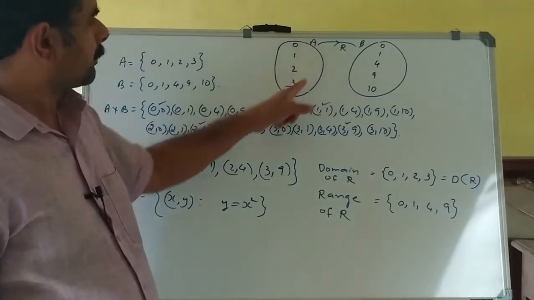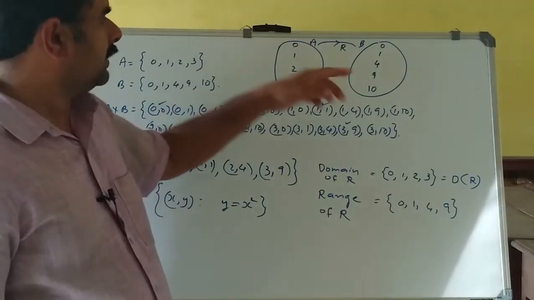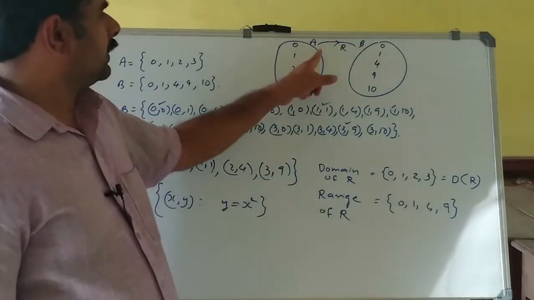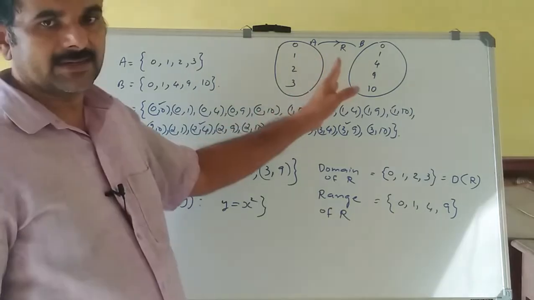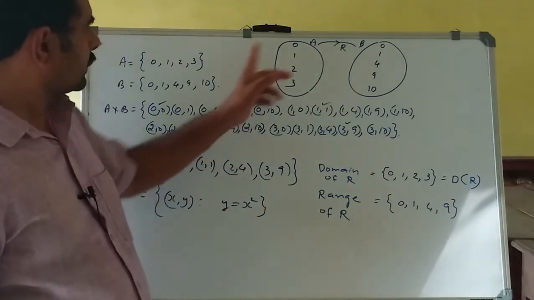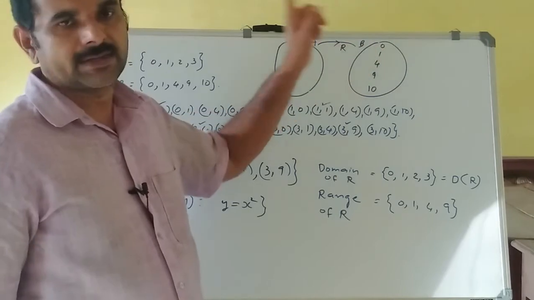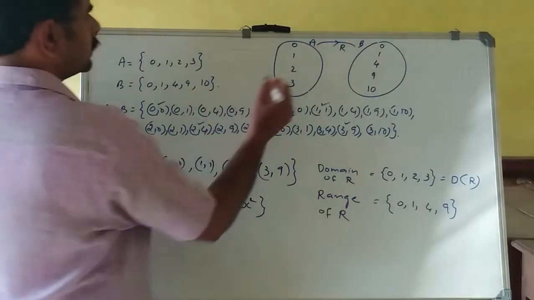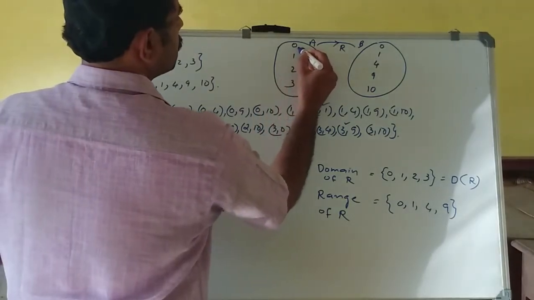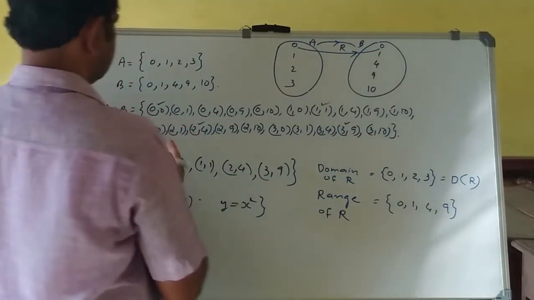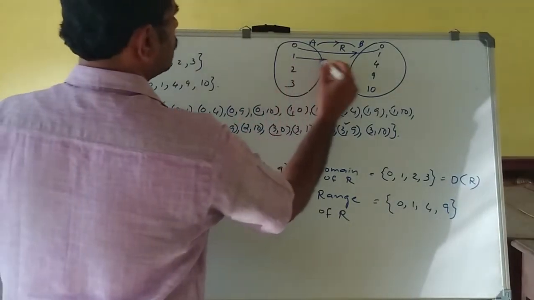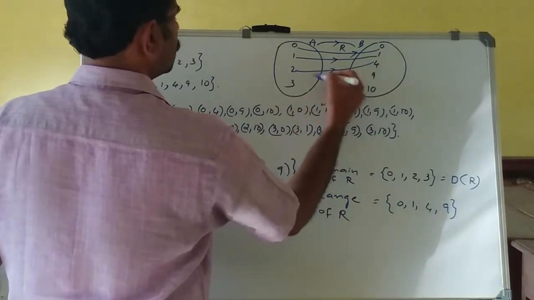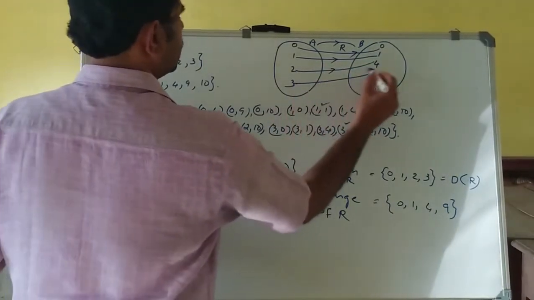This circle represents the set capital A and this circle the set capital B. A cross B is mentioned here, and this relation R is taken from A to B. What is the relation R? (0, 0), (1, 1), (2, 4), then (3, 9).